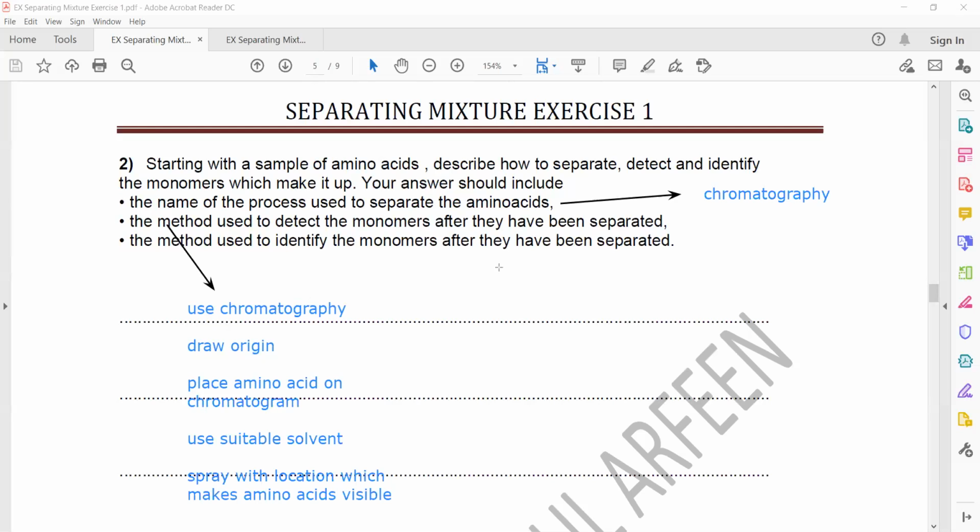Then how do you identify these amino acids? You will measure the Rf value and write the formula for the Rf value.